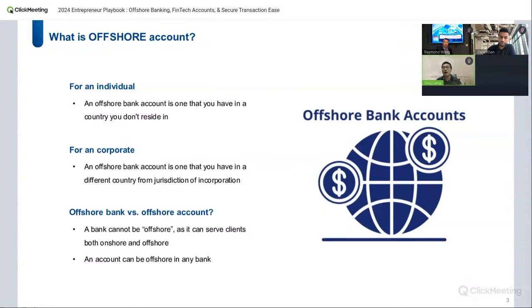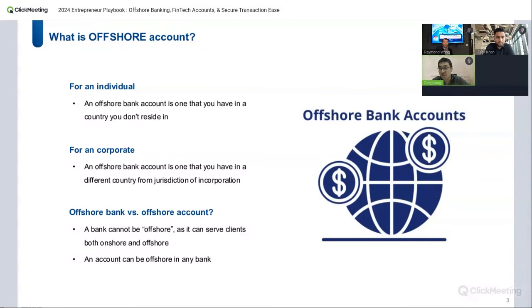The similar idea applies to CBI Bank. Many people say CBI Bank is an offshore bank. Normally, I would not correct them because 80% of our clients, or 80% of our bank accounts, are from clients not in the US.